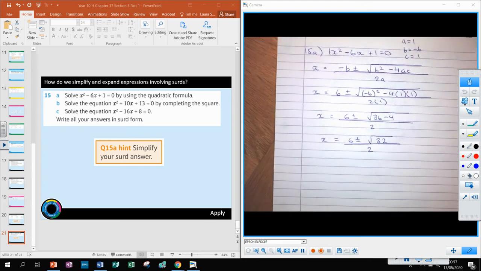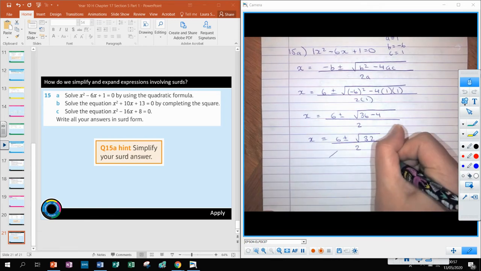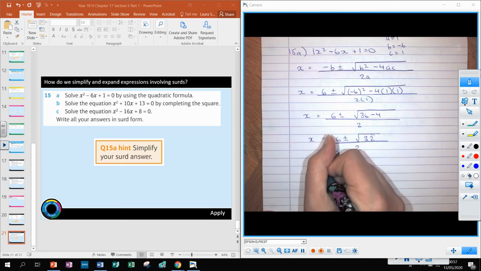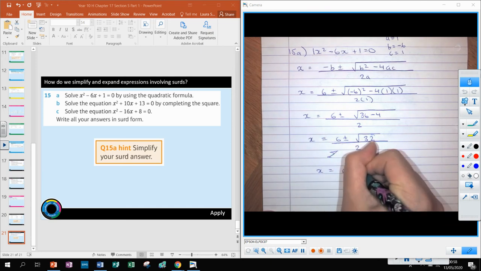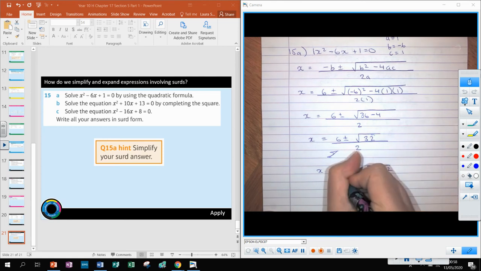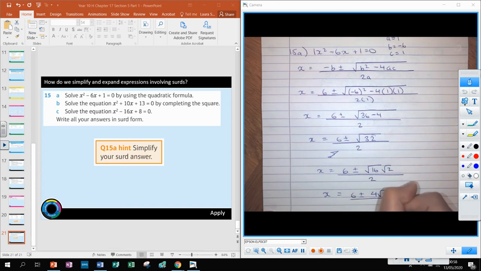We are now going to have to come up with both of our solutions. So let's split this up. Actually, before we split this up, let's see if we can simplify that, because we can. So x equals 6 plus or minus, that becomes root 16 root 2 all over 2, which gives us x is equal to 6 plus or minus 4 root 2 over 2.